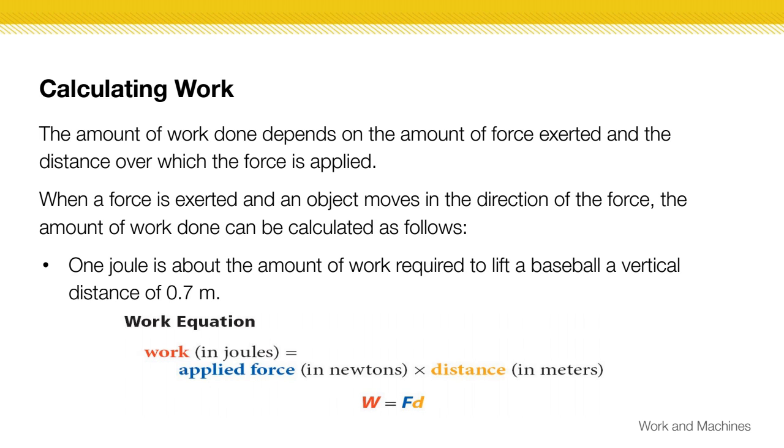You could use other metric units, but we tend to use meters in physics. The unit for any type of energy is joules. Work is a type of energy, so we're going to use the unit joules. So force times distance equals work. But again, remember the algebra. If you wanted to find force, you could divide both sides by d. If you wanted to find d, you could divide both sides by f.